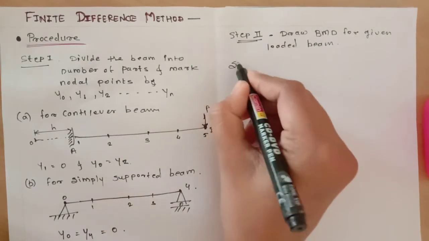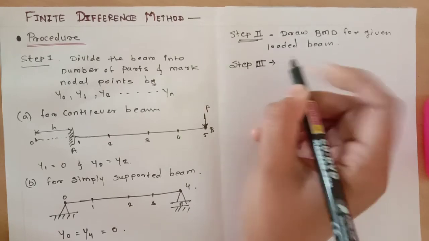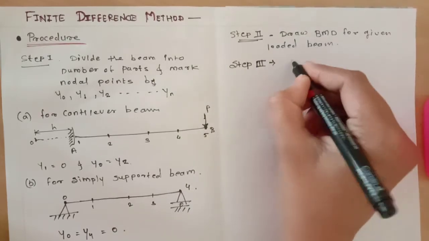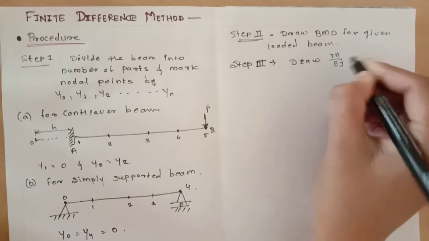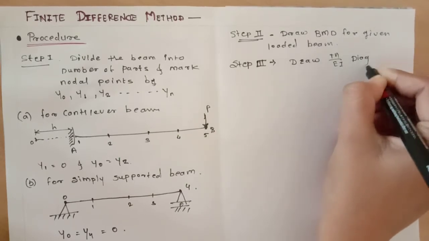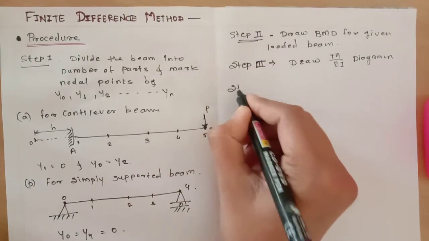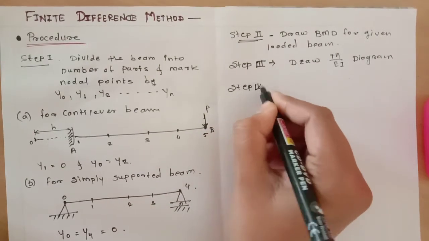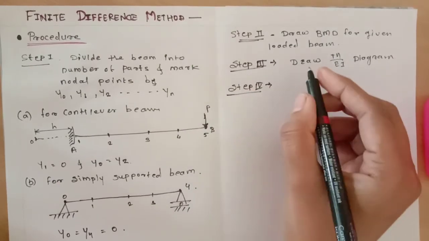Then next, step number 3: from this bending moment diagram, draw the M upon EI diagram. Then next, step number 4, that is apply boundary conditions.